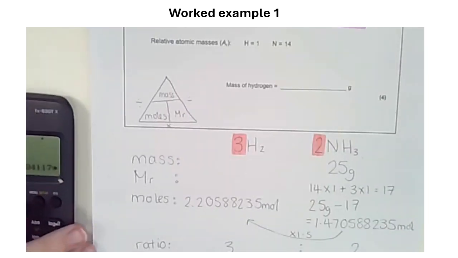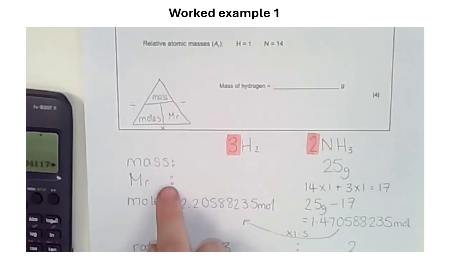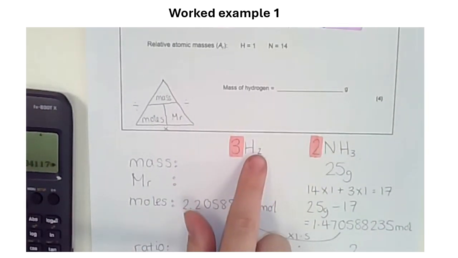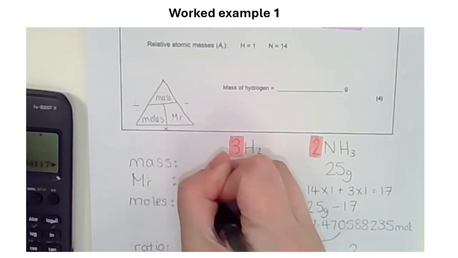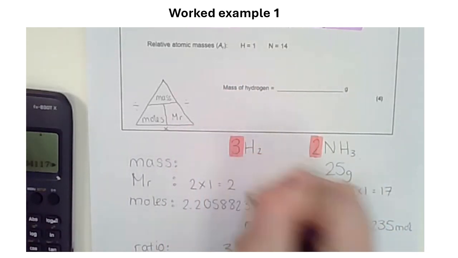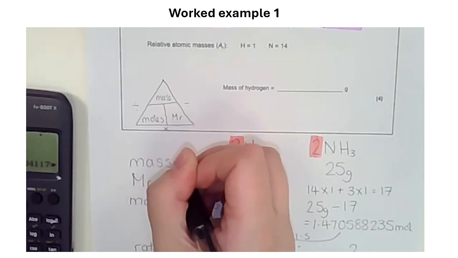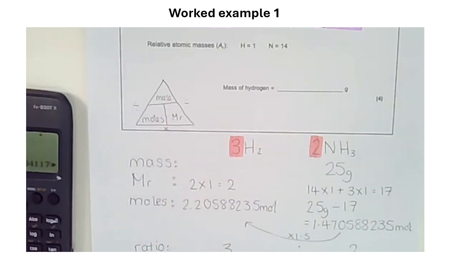I'm now at a point where I can look at my relative formula mass for hydrogen. I've got 2 hydrogen atoms with a mass of 1, so it will be 2 times 1 is equal to 2. And I can now calculate my mass, and I've got my formula triangle up here.